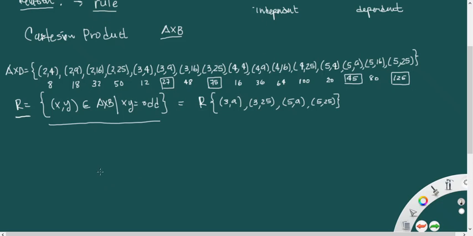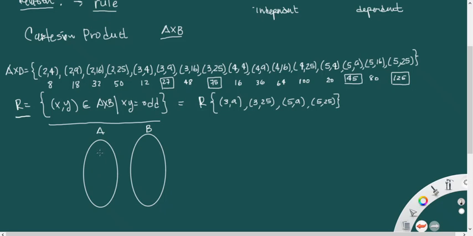So let's write a couple of arrow diagrams here.